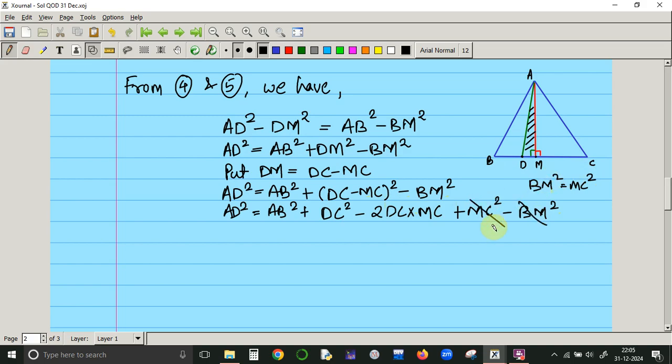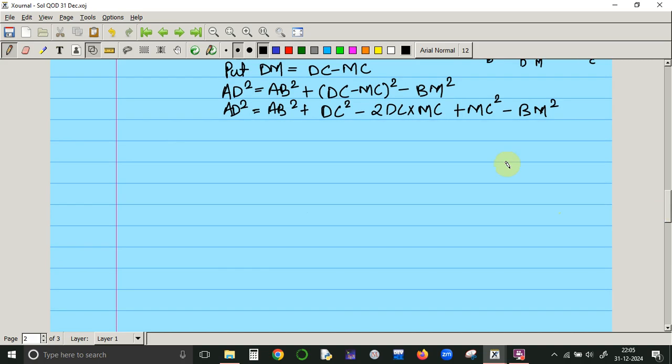So they are cancelling each other in the end. So AD square equals AB square plus DC square minus 2 times DC into MC. The reason we are going to give over here is, since MC is equal to BM. So it is gone.